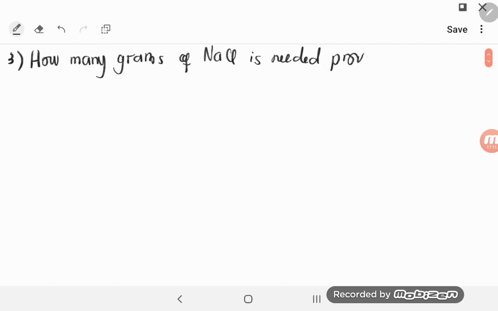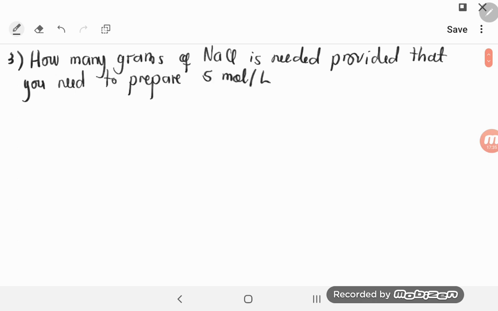Okay, for problem number 3, the question is, how many grams of sodium chloride is needed provided that you need to prepare 5 mole per liter out of a 3 liter solution.